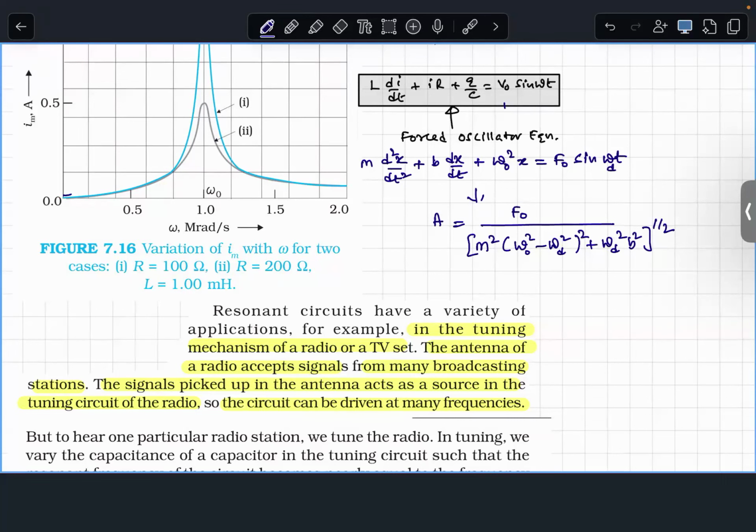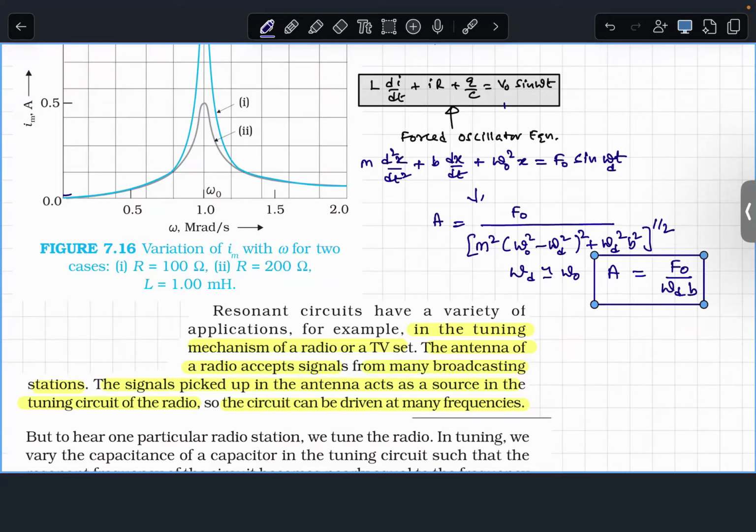So the condition we require is when the driving frequency is close to the natural frequency. When omega d is almost the same as omega naught, the amplitude will tend to F naught by omega d b. Now the problem is in the denominator, the term is b, the damping term.